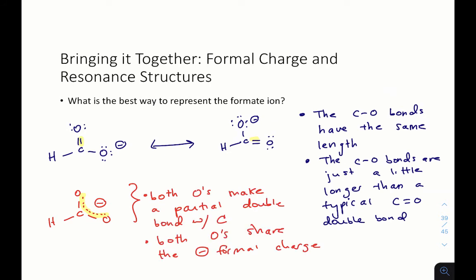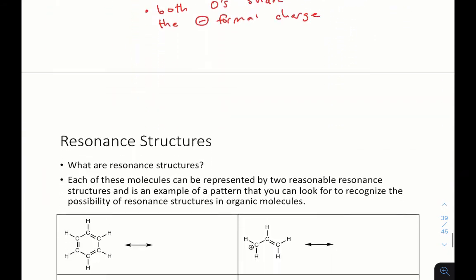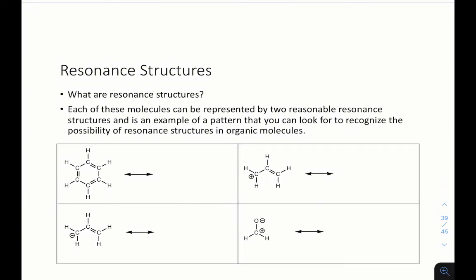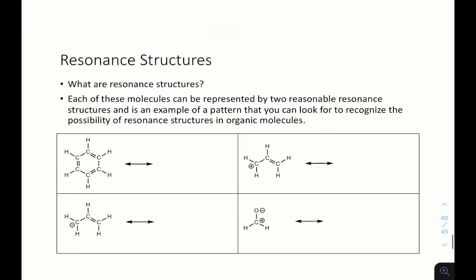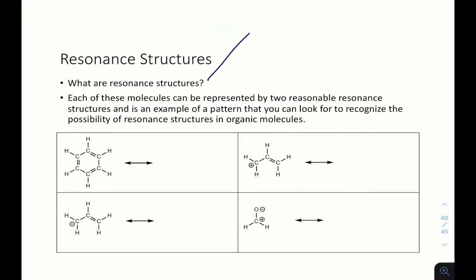Let's make sure that we remember resonance structures, what they are and how to draw them, and when to recognize that we should be considering them. Resonance structures are different arrangements of valence electrons. You do not move any atoms.